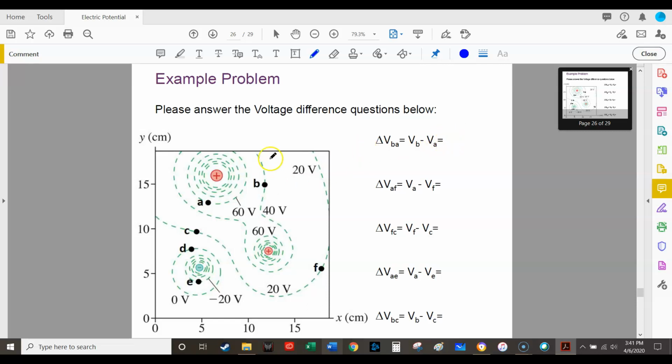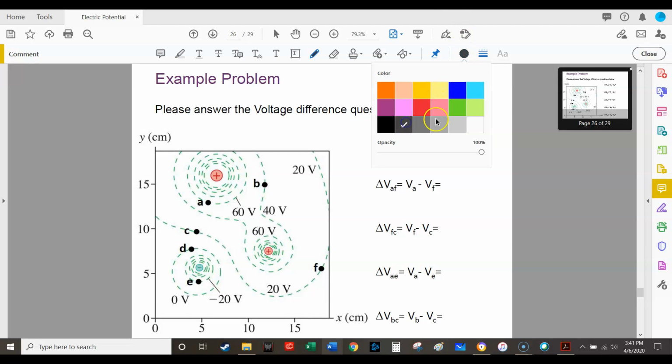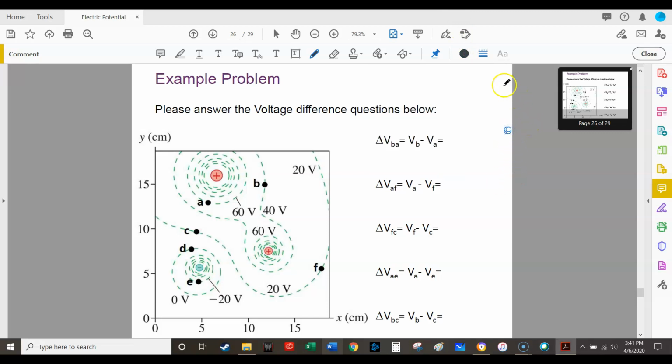Okay, so write these. You're going to have to interpret this in terms of numbers, the voltage at B and the voltage at A, and then give me a potential difference. So let's do this first one together, and then I'm going to let you try all the rest yourself. Okay, so the voltage at B is on the 40 volt line. So I'm going to write 40 volts right here.